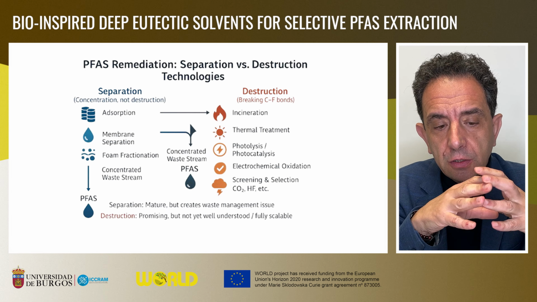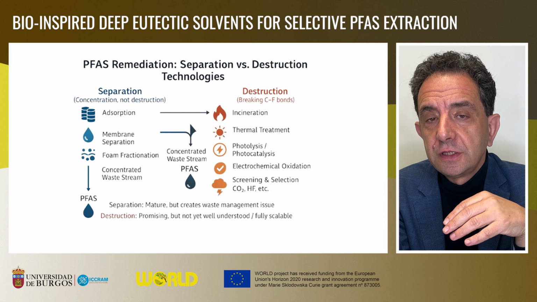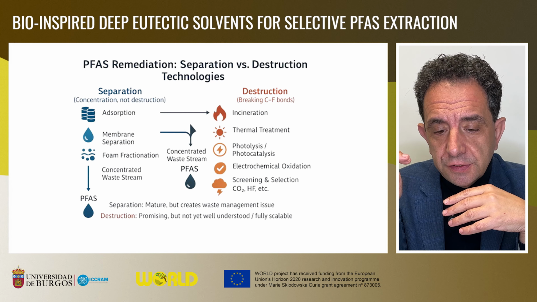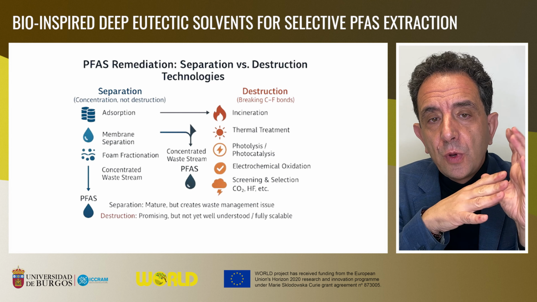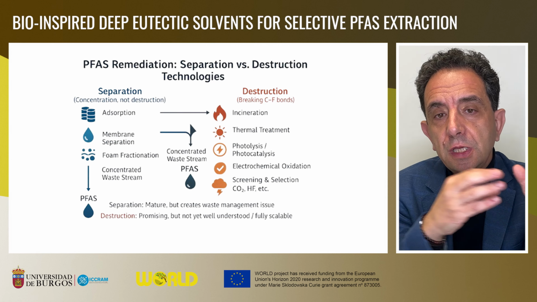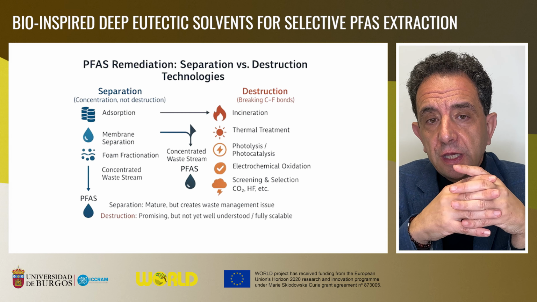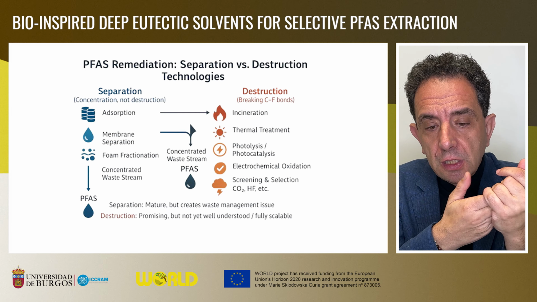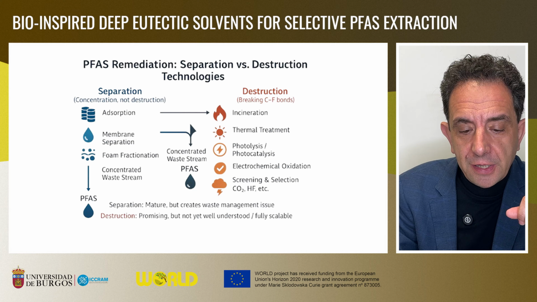And what we do at the end is these PFAS are destroyed using different kinds of destruction technology, going from incineration to photocatalytic processes, and at the end we have developed a whole technology removing PFAS from water, recovering the solvent, and destroying the PFAS. So this is a holistic technology in which we consider all the steps of the treatment plant.